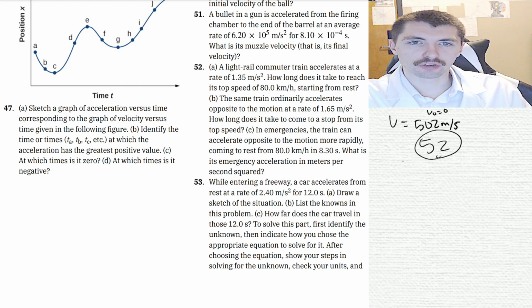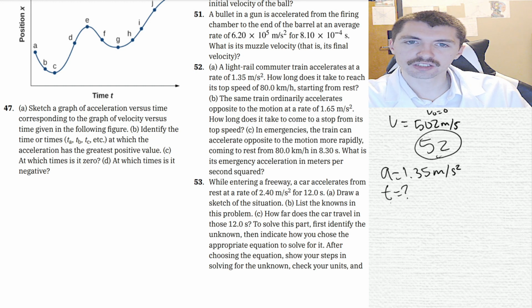A light rail commuter train accelerates. How long does it take to reach its top speed? So we're solving for t. V is 80.